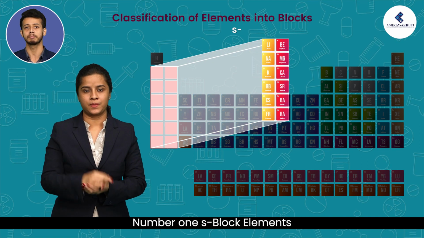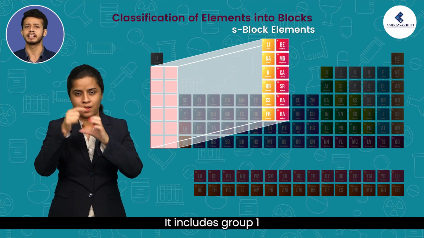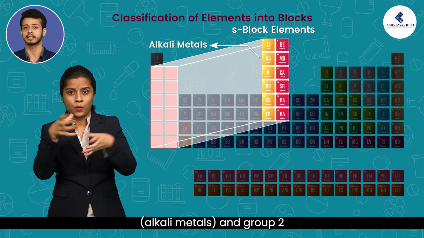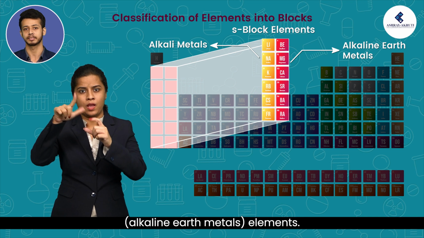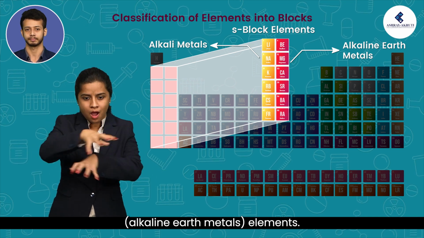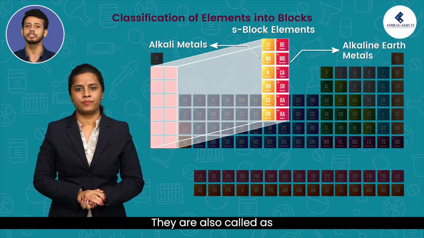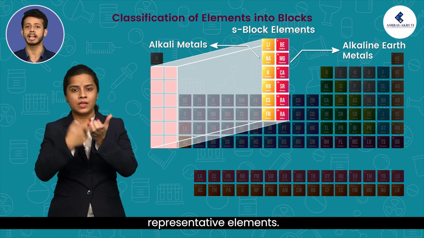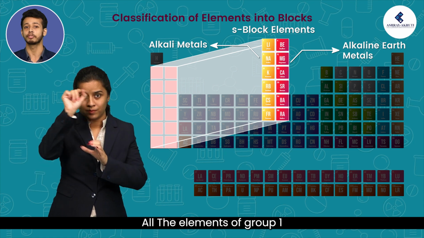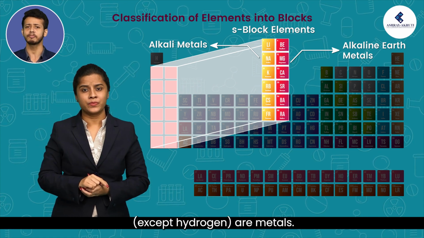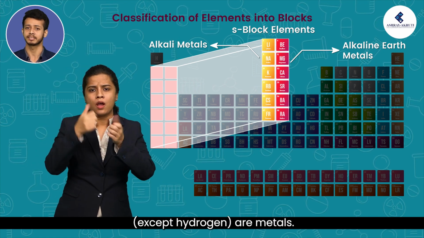Number 1. s block elements. It includes group 1 alkali metals and group 2 alkaline earth metals elements. They are also called representative elements. All the elements of group 1 except for hydrogen are metals.